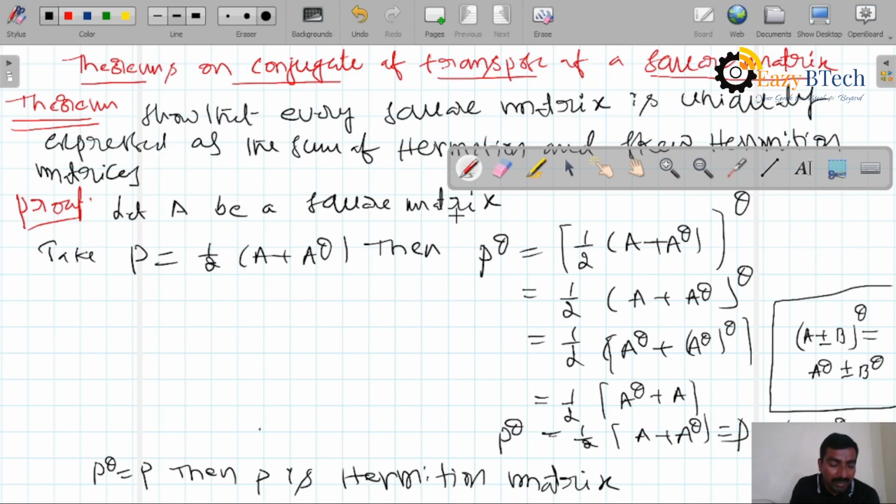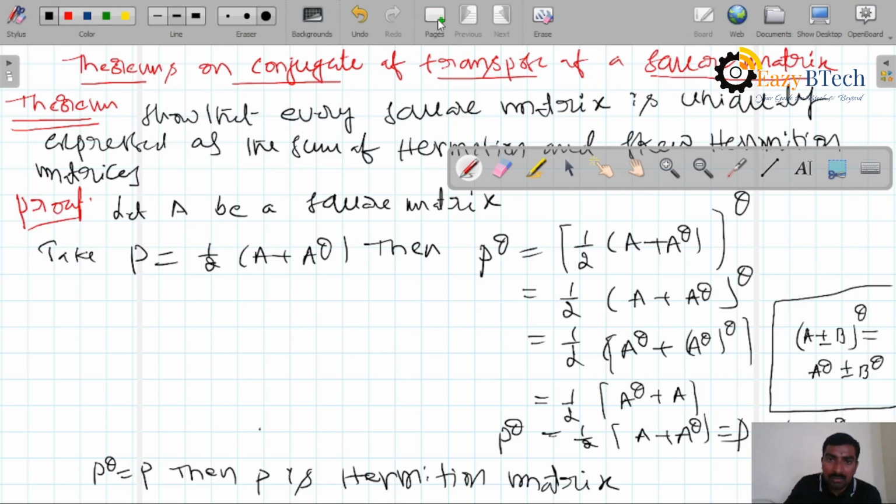Here A is a square matrix. We took a matrix P equal to 1 by 2 into A plus A power theta, and we proved P power theta equals P. So finally we proved P is a Hermitian matrix.